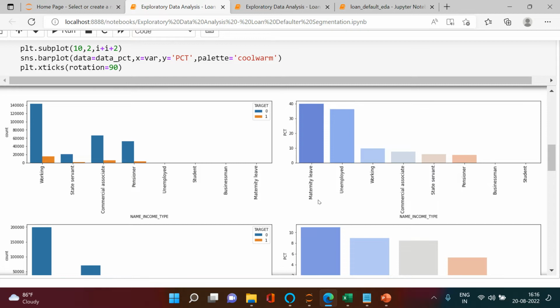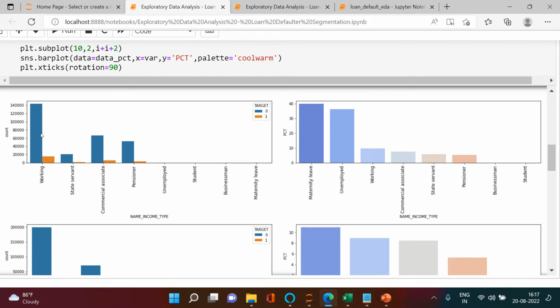Most of the defaulters are those who are on maternity leave, but the number of loans given to the people who are on maternity leave is almost negligible. There is almost nothing at all. So giving loans to working professionals is much safer, right?